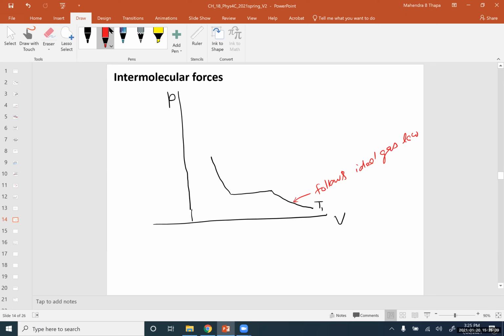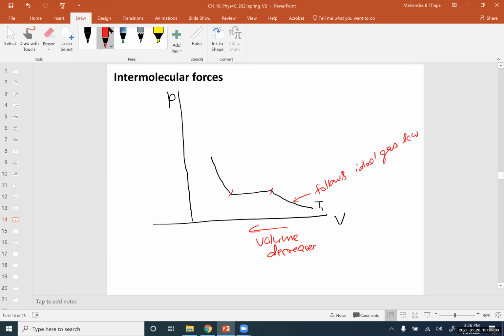So basically, we are talking about Boyle's law. Here you see that from this point to that point, even though volume is decreasing, pressure is not increasing. You see here, pressure remains constant.